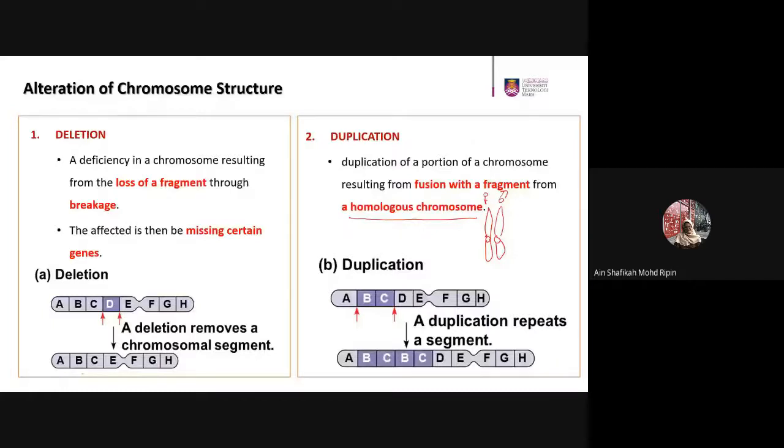So let's say this is a homologous chromosome, which you inherit from your father and also from your mother. So you are a diploid organism, with a pair of chromosomes for each chromosome that you have. Homologous chromosomes carry the same genes, alleles of the same gene that you inherit from your parents.